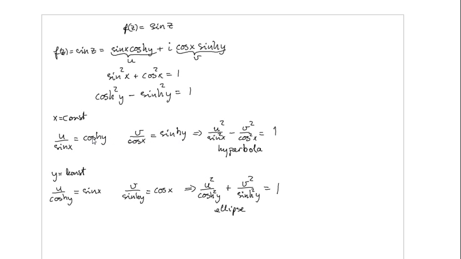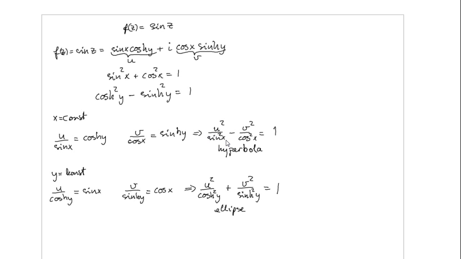If I now subtract the square of the hyperbolic sine of y from the square of the hyperbolic cosine of y, then we know from this identity that we get 1. So I replace hyperbolic cosine and hyperbolic sine with these two fractions, and then I obtain this identity.